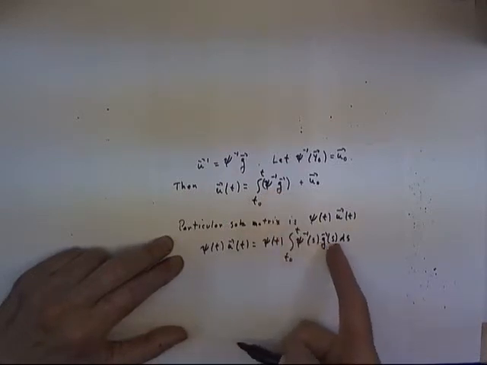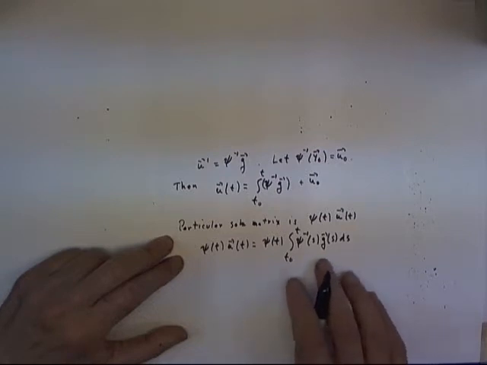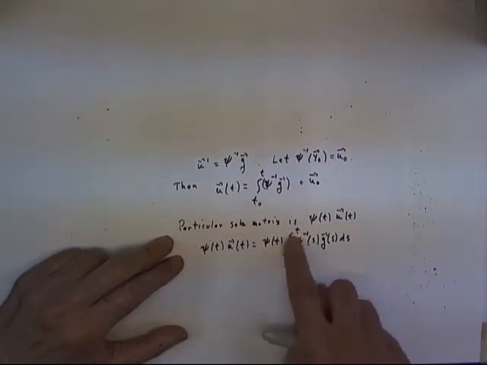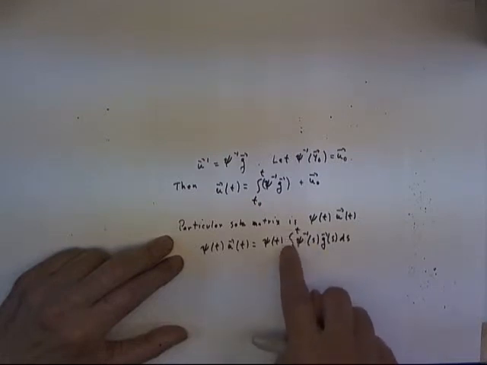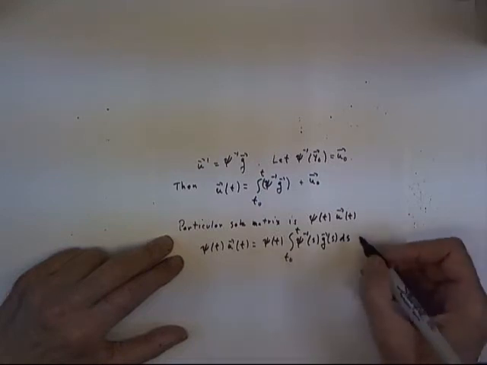So in this integral, we have the dummy variable in here, so we can see what we need to integrate with respect to, and we could use any letter in here. We don't want to use t because t is part of the limit of the integration.